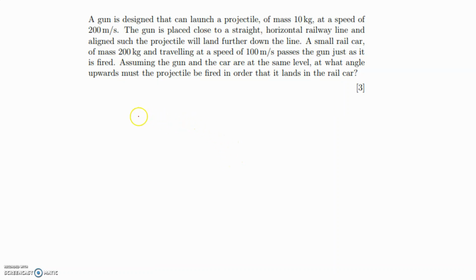Okay, so I like to draw a little diagram first of what we've got here. So we've got our rail car, just draw the rail car in like that. It tells us that the car is moving with a speed of 100 meters per second, and we've got a projectile that we want to launch and land into the car.